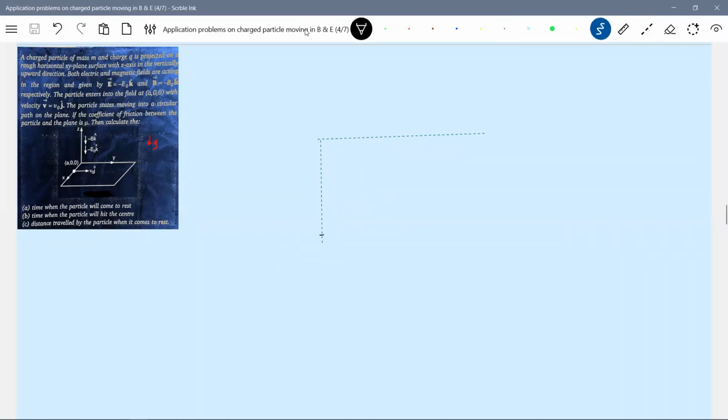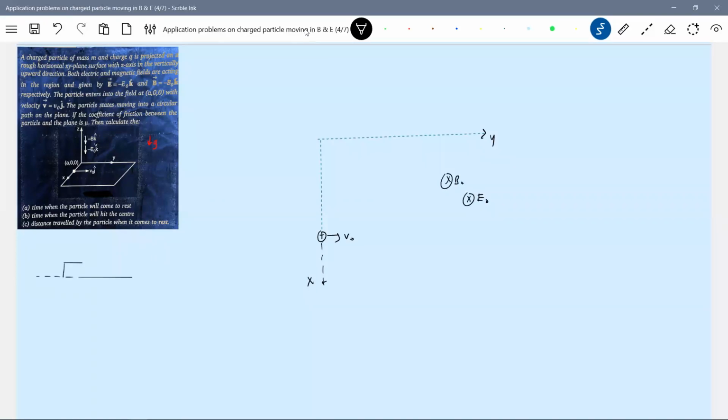The charged particle here is projected with a speed v naught. This is the y-axis, this is the x-axis. Let's have this much data. Then the magnetic field will be into the plane, and the electric field will also be into the plane. We'll convert into a plane diagram. Then keep one more rough diagram.